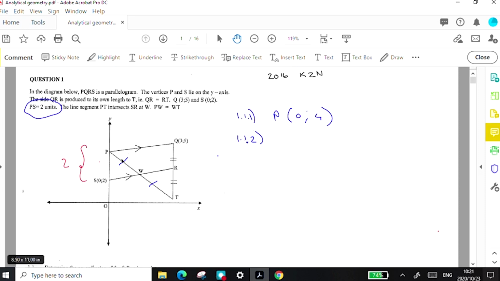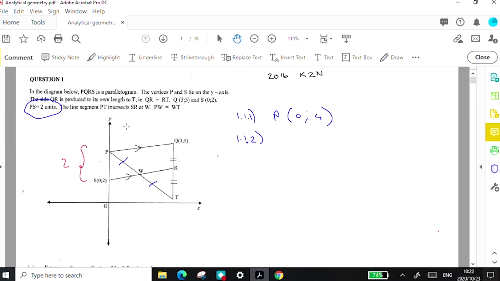If these two lines are parallel, that implies that the x value of R is the same as the x value of Q. This is a vertical line which is parallel to the y-axis.